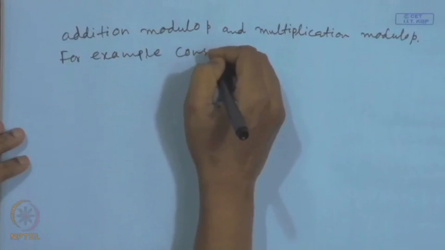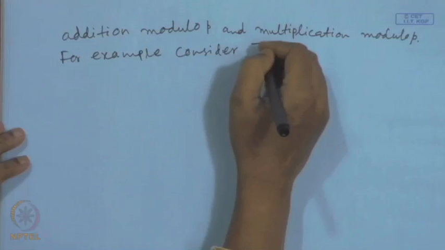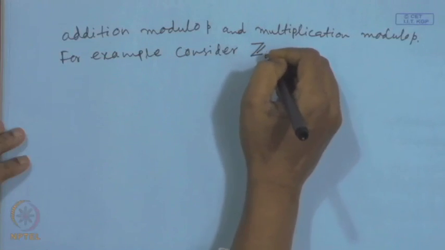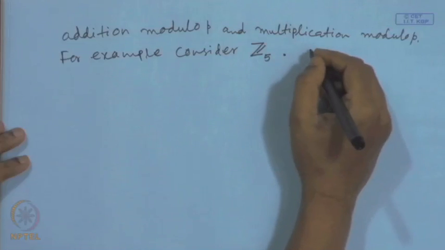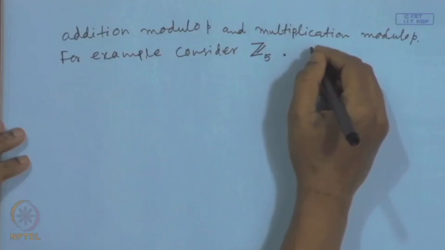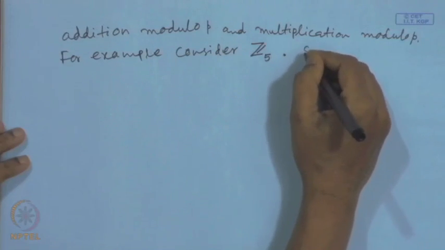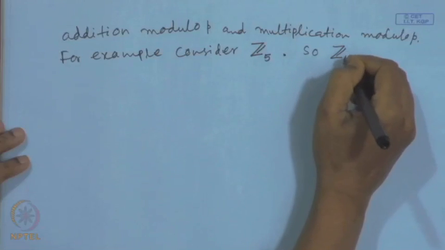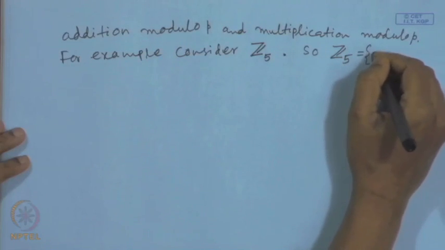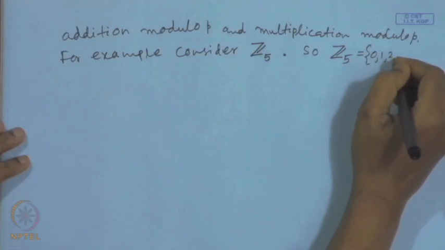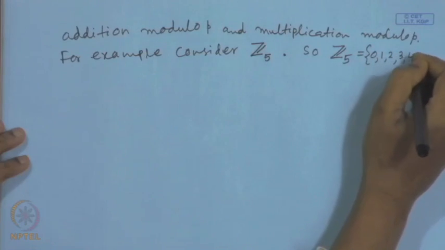For example, consider Z5. So Z5 will be the set of remainders 0, 1, 2, 3, 4.